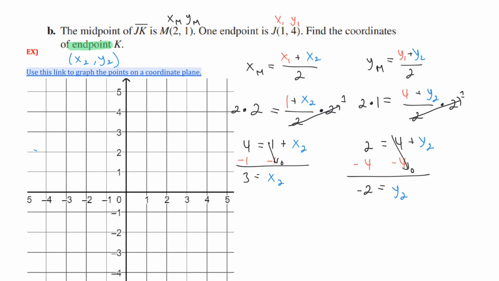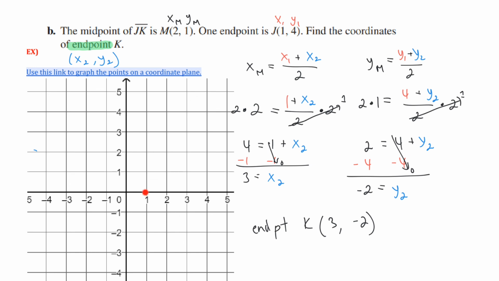So, finishing up our final answer, instead of saying the midpoint this time, this is our endpoint K, and K has the coordinates 3, -2. Quickly double checking that on our coordinate plane, I'm going to graph the endpoint first. So one of our endpoints is at 1, 4.